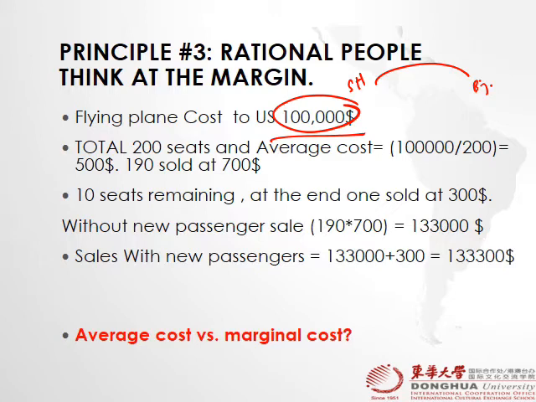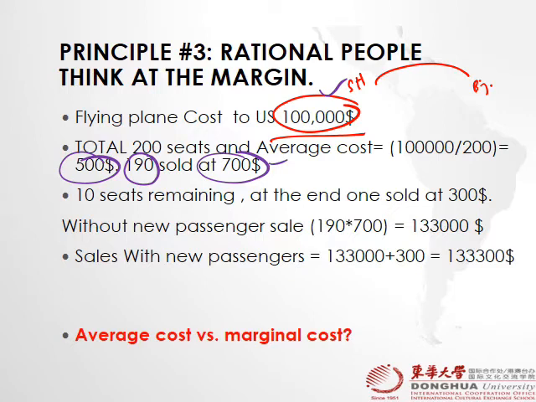There are a total of 200 seats, and 190 seats are sold at $700. So what is the average cost? It is $500. How did 500 come about? We have $100,000 total cost divided by the 200 seats. So the average cost is $500, and 190 seats are sold at $700.